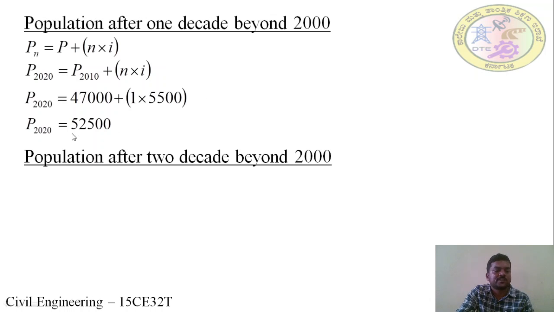So the total value is 52,500. The population is 52,500.